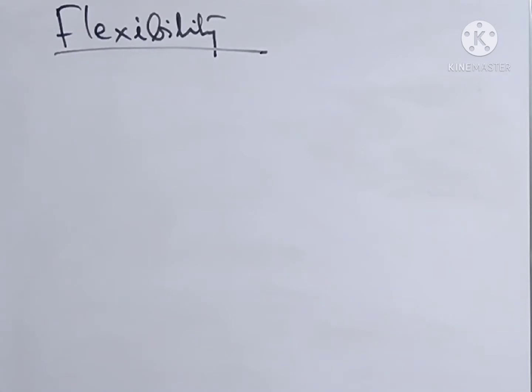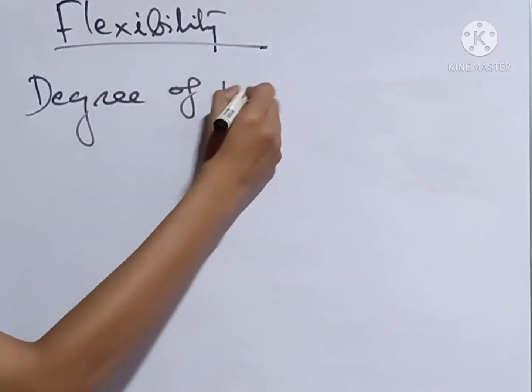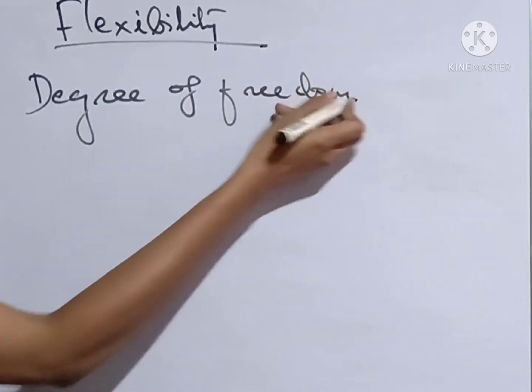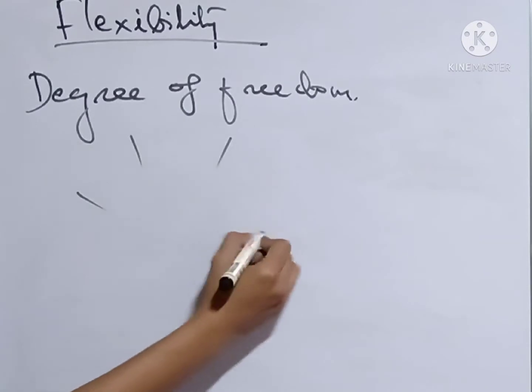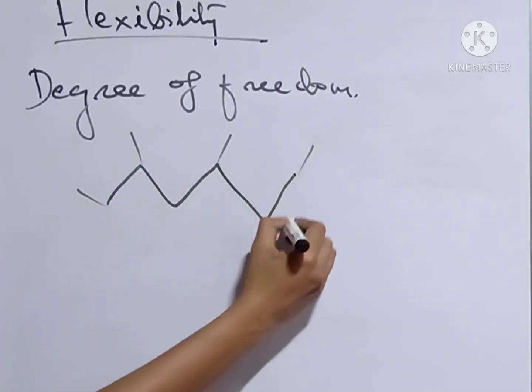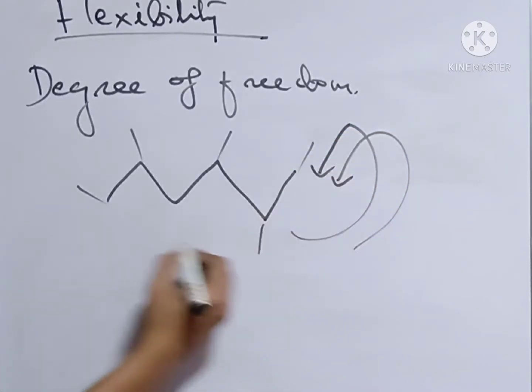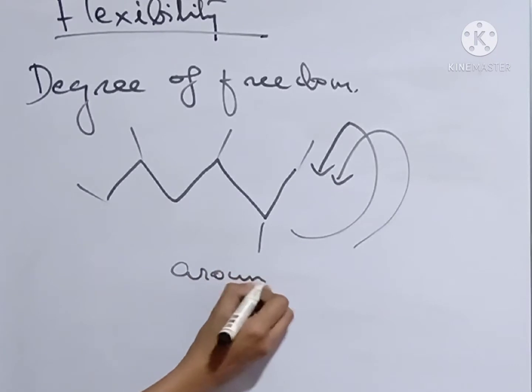Flexibility is determined by the degree of freedom with which the segments of the polymer along the backbone can rotate around the covalent bonds.